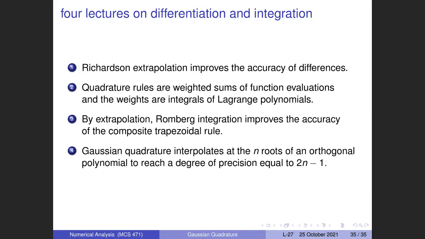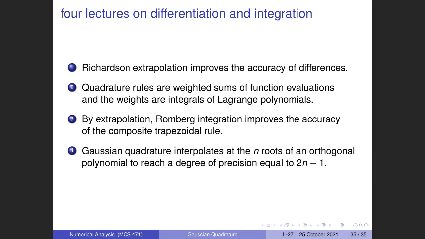In a way, the entire point of this sequence of 4 lectures was to apply interpolation, which does not work well for differentiation. So extrapolation was the main idea of how to compute accurate approximations of derivatives.